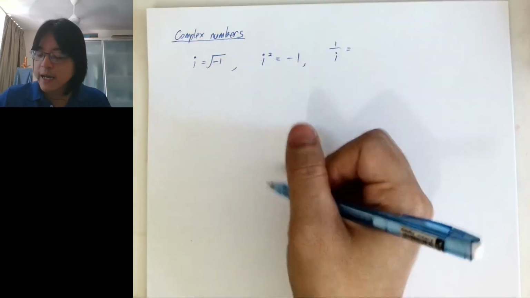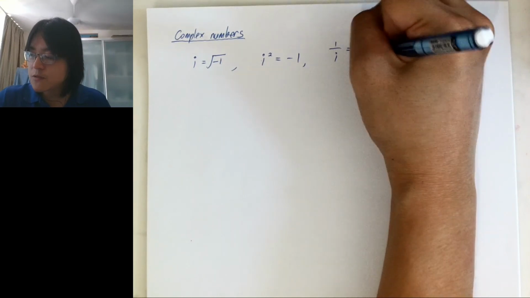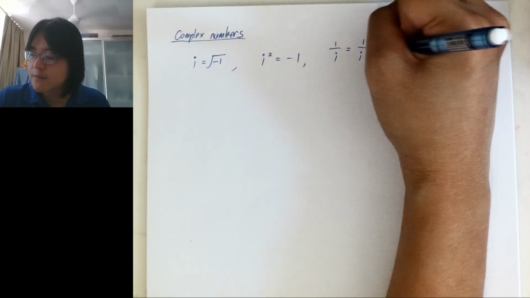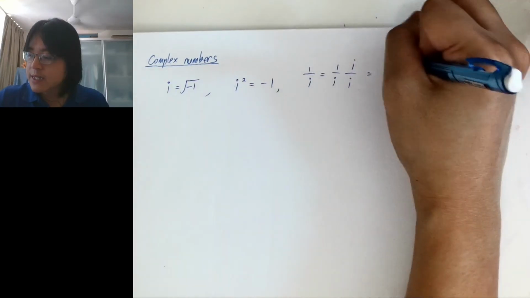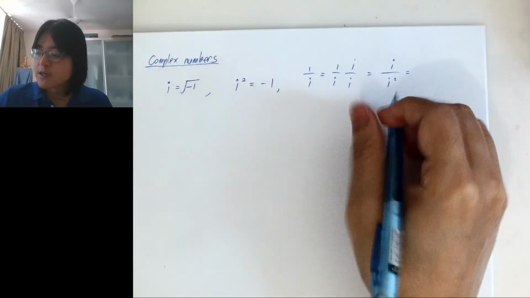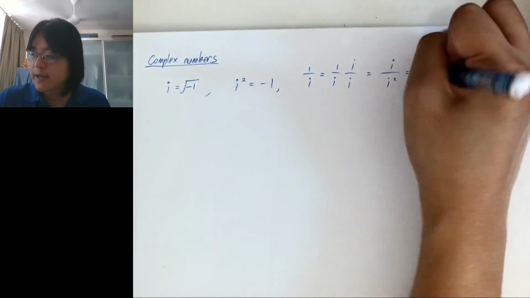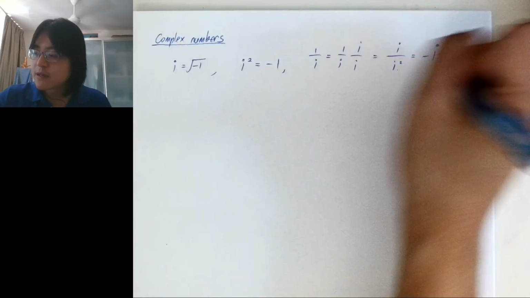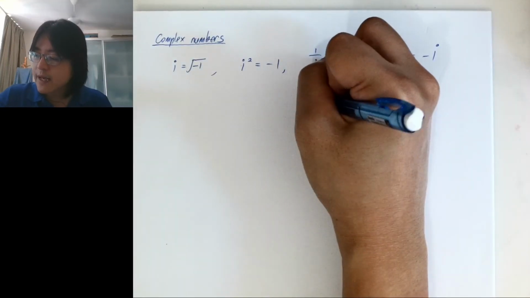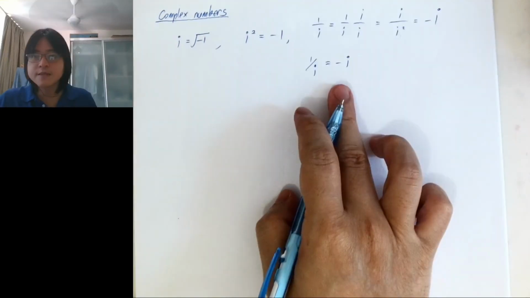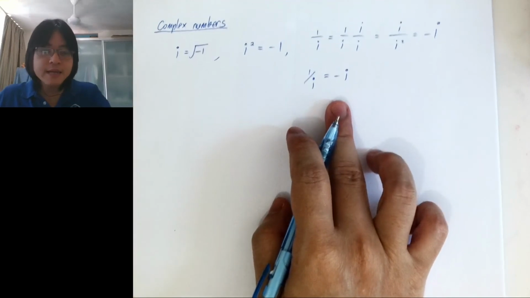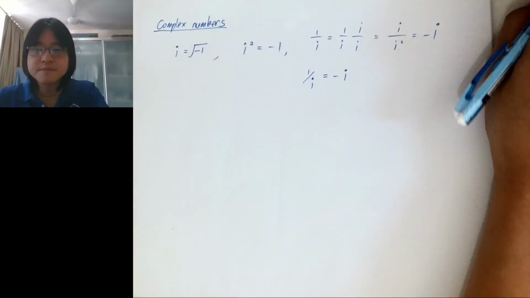You can divide top and bottom by i, and it becomes i divided by i squared. i squared is -1, so you get negative i. So the identity that I will use quite often is 1 over i, you just replace it with -i. Okay, so these are the complex numbers.